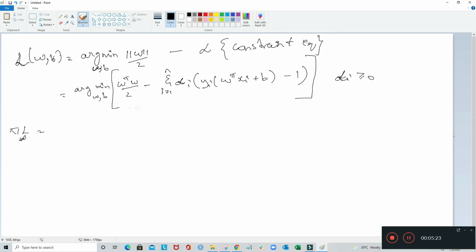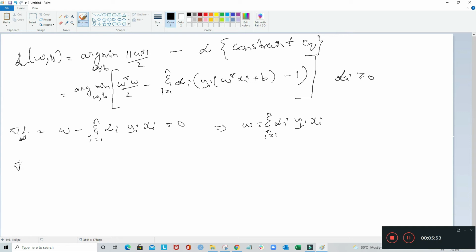If we take the derivative of this part, it becomes w minus the summation over i equals 1 to n of alpha i yi xi equals 0, which implies w equals the summation over i equals 1 to n of alpha i yi xi.